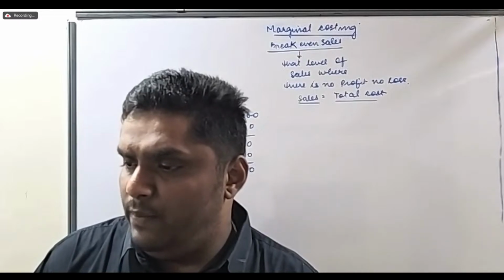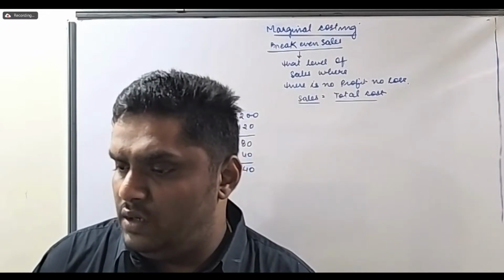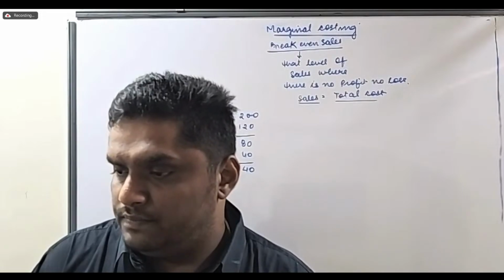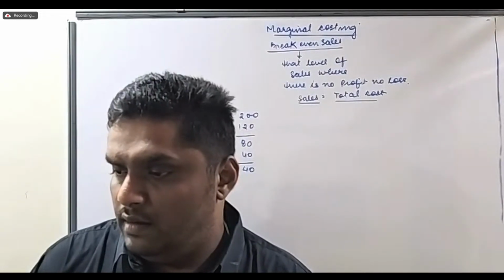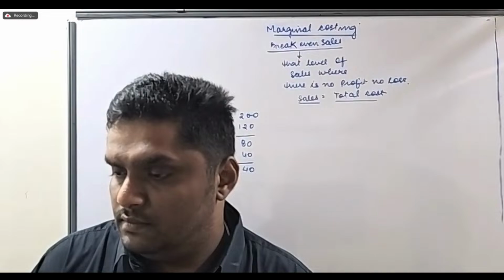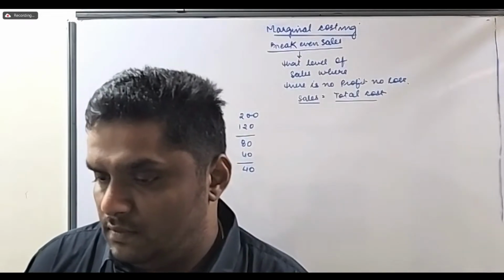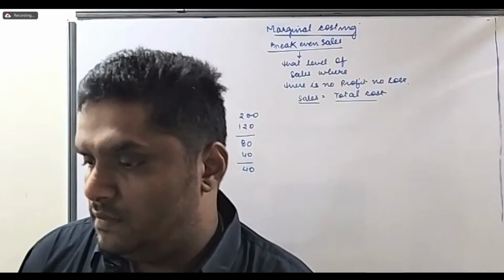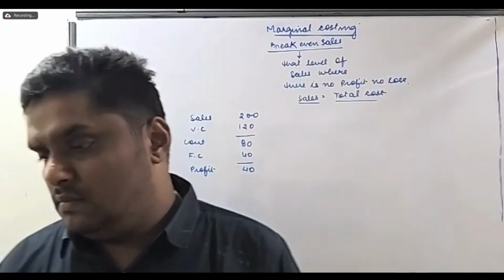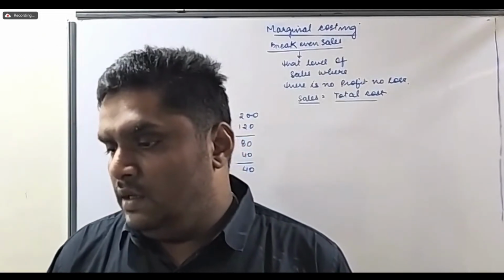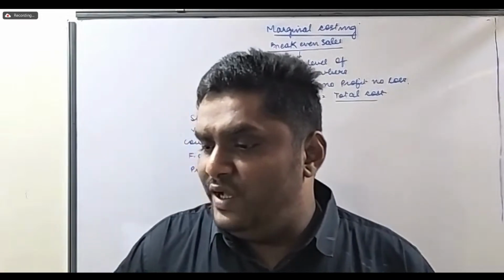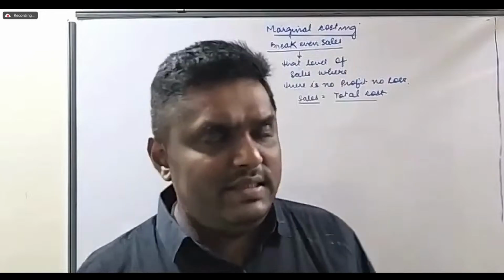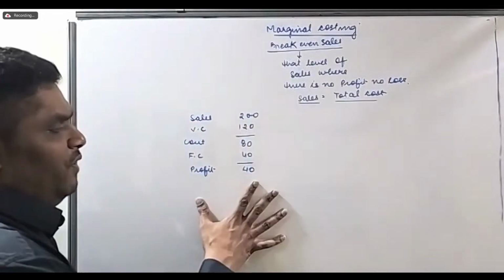You guys have to tell me a point where the sales is equal to total cost. See, I have got an answer of 160 from Mallu Jadar, that sir, at 160 the profit will be 0.